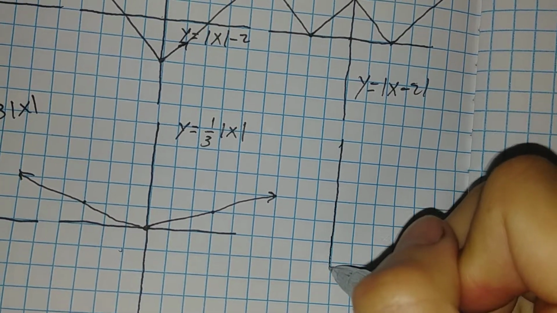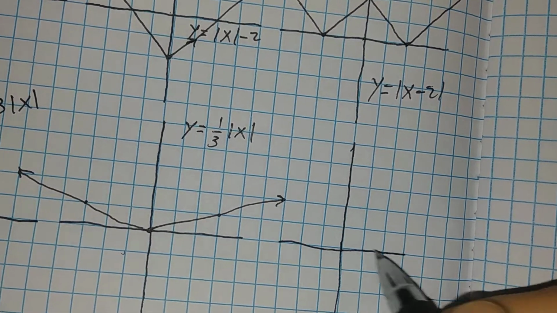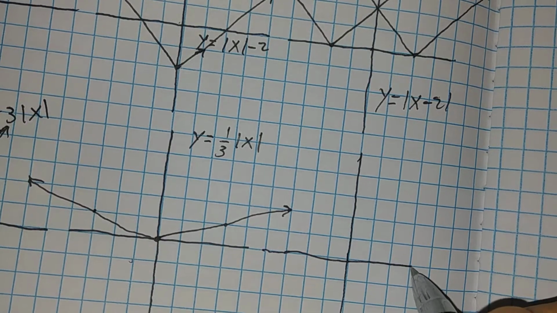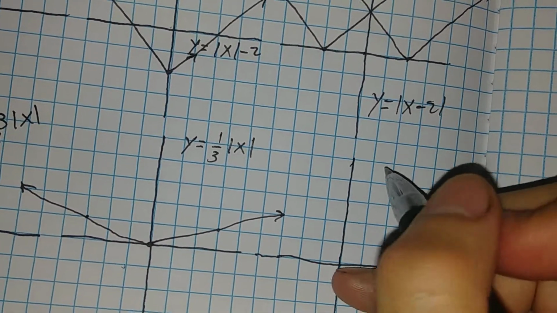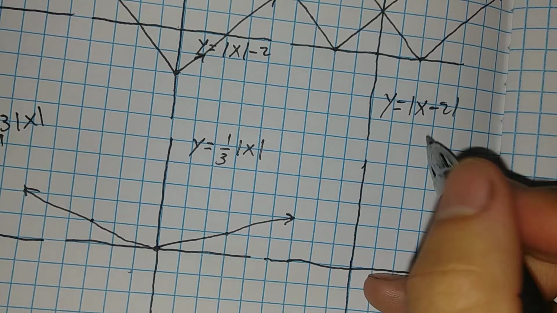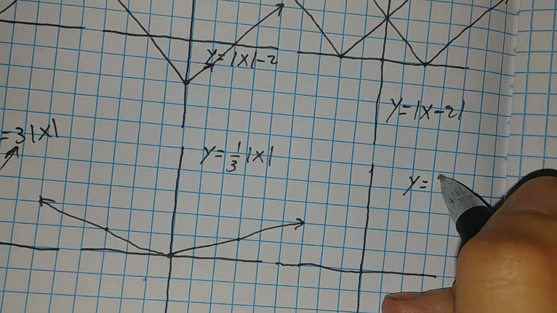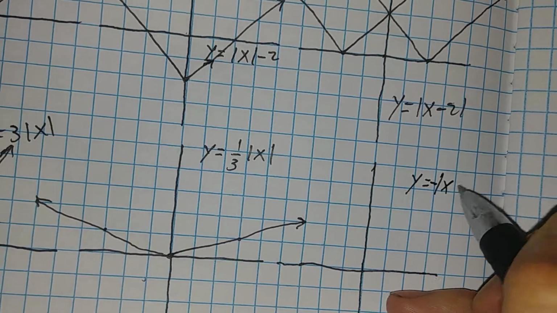And I got one more to go over. Let me draw another x and y axis, and that is if my A is negative. So let me have y equals the absolute value of negative x.